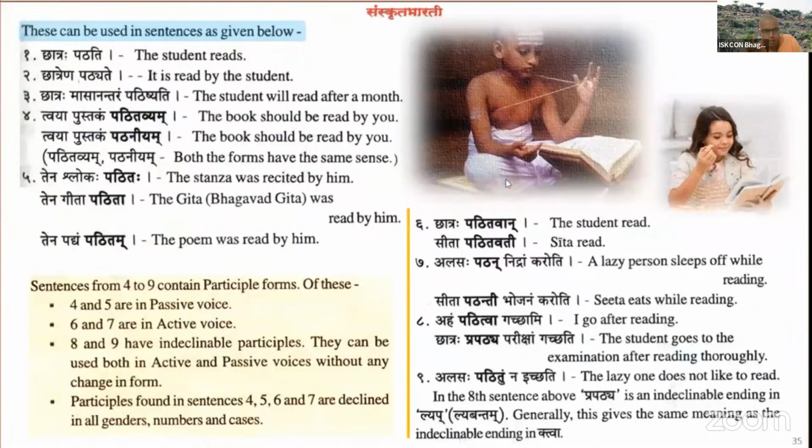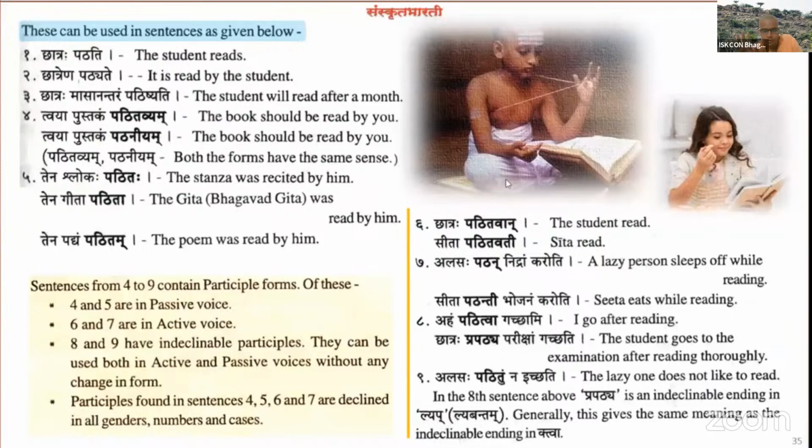And in karmani prayoga, the karta is in instrumental case and the karma pad is in prathama vibhakti. And the verb will be the same as the karma pad has: if it is ekvachan, then ekvachan; if it is bahuvachan, then bahuvachan.